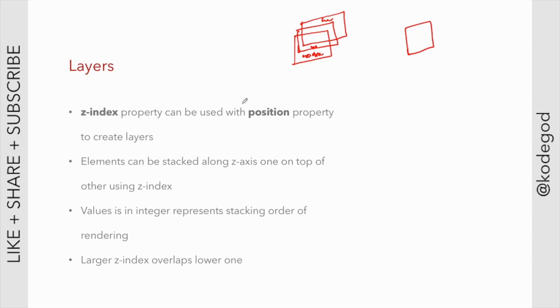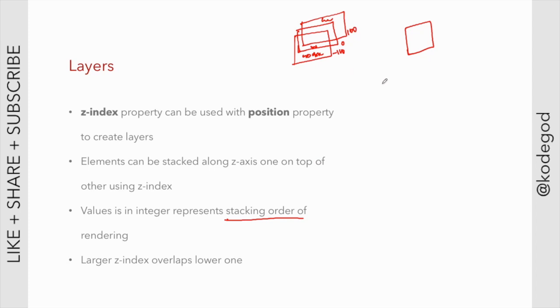To the z-index, you specify integer values, and that represents a stack number, or the order of that stack. Generally the larger z-index value overlaps the lower one. So in this particular case, you could have a z-index of the lowest layer as, let's say, -100, then 0 and 100. The interval is not really important over here.